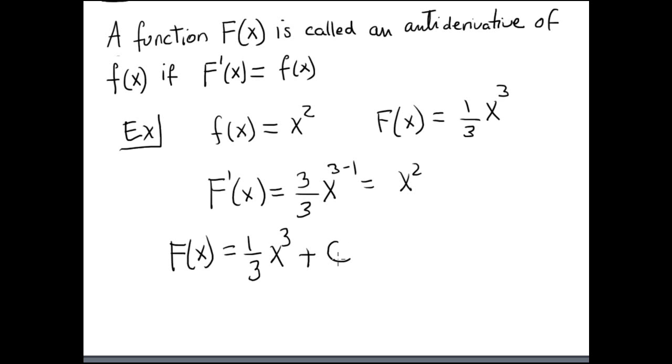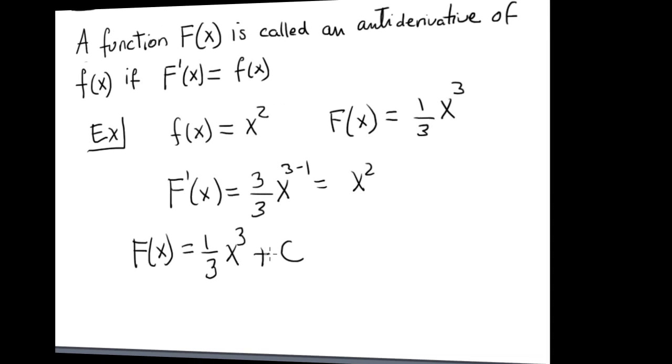So actually the antiderivative is not one function, it's a family of functions with a different arbitrary constant. By definition, the antiderivative is a function capital F such that when you find the first derivative, the answer is the original function.